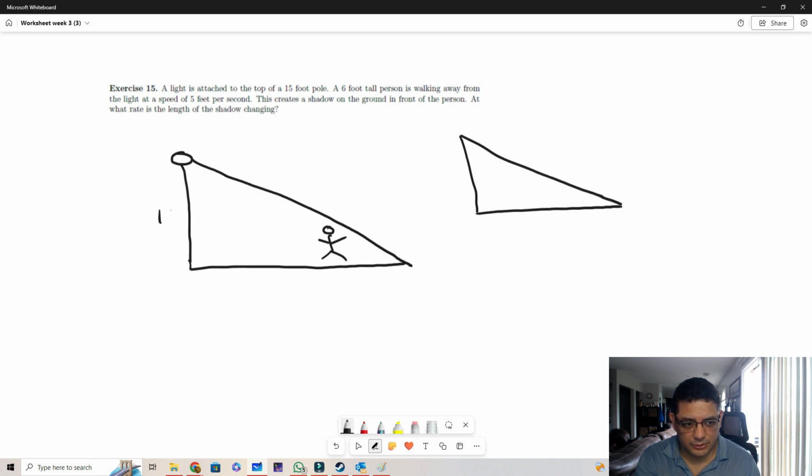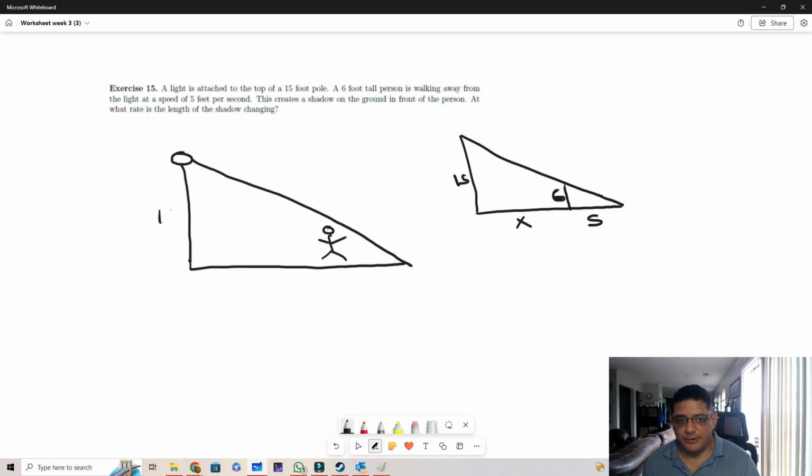So that's the situation that is happening, but really I'm going to have this situation here where this is 15, this is 6, and this is an amount of the shadow, which is s, that I don't know how much that is, and a person that is walking away a certain amount at 5 feet per second, but this is a distance that I don't know yet, so I'm going to call it x. Okay.